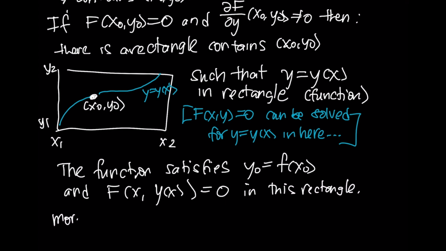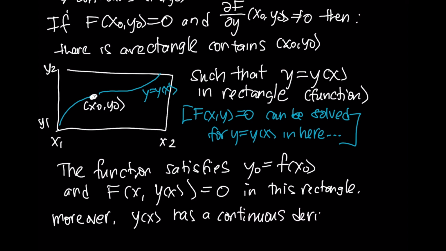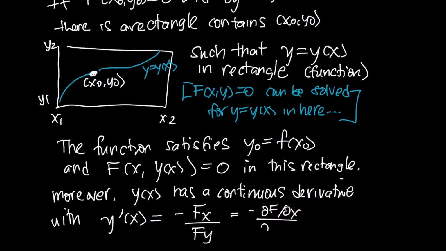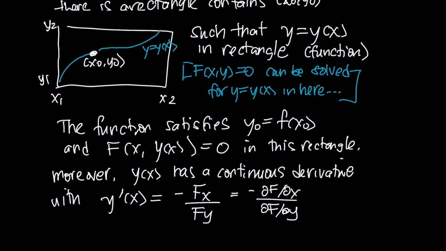Now, moreover, this function y has a continuous derivative, and it's going to be exactly equal to the result that we get from the Calc 1 implicit differentiation idea, but written in terms of partial derivatives, it's going to be the following: negative fx over fy, or the partial with respect to x over the partial with respect to y. And this is true at all points in the rectangle, including the point x0, y0.